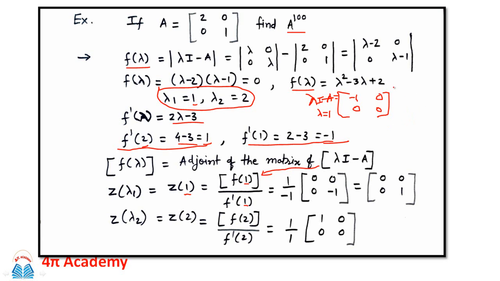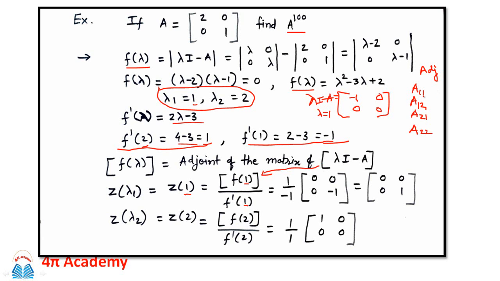For the adjoint of a 2 by 2 matrix, you know the process: you need to find the cofactors of a11, then a12, then a21 and a22. Here this is a shortcut method to find the adjoint of a 2 by 2 matrix.